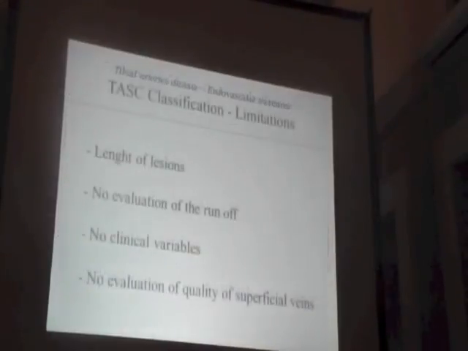But in our clinical practice, we found that there were some limitations in the TASC classification. It is only a classification regarding the length and quality of the lesion, with no evaluation of the runoff, no evaluation of the inflow lesion, and no evaluation of the quality of the autologous vein, which is very important in the decision of revascularization of the legs of this patient.